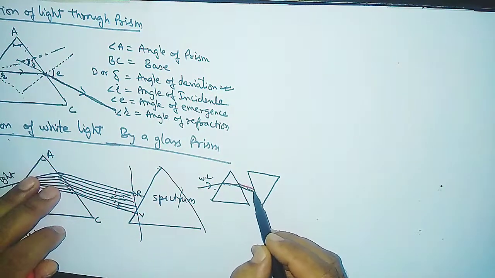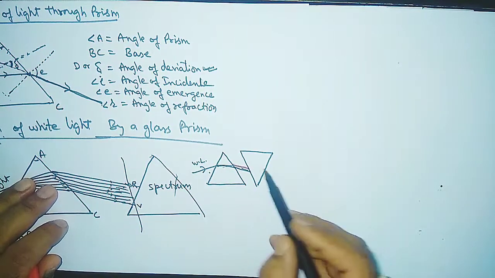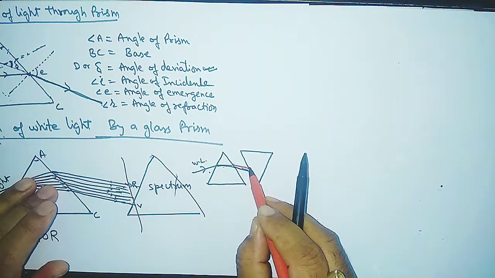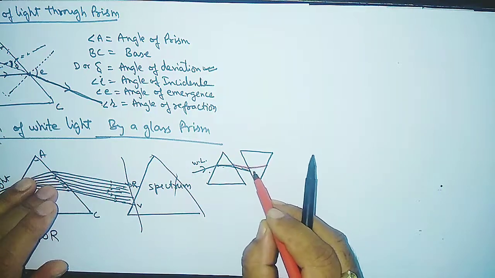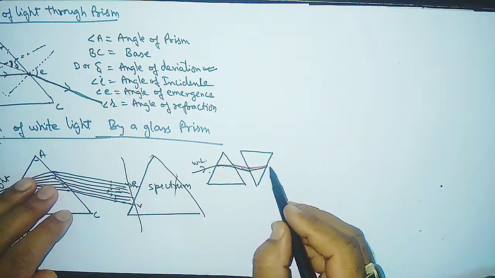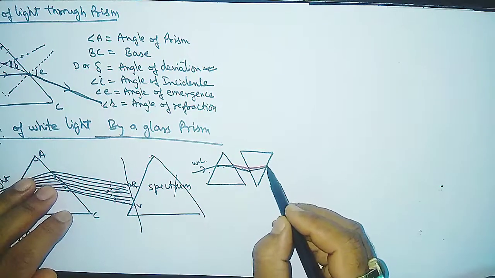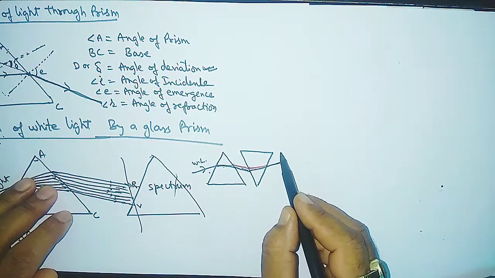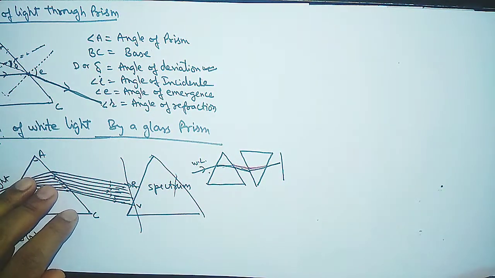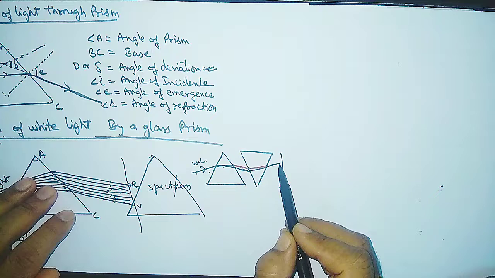So all these 7 colors, when incident on the other inverted prism, what was the result? He found that these 7 colors combined again, and he found a single color after the refraction from the second prism. So actually through this experiment, Isaac Newton proved that white light is made up of the 7 colors.